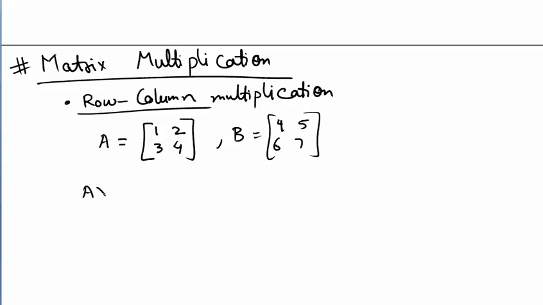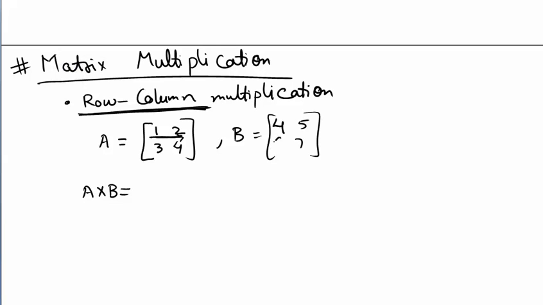So if I want to do A into B, I said we'll use the row column fundamental. That means we will say this is the row and this is the column. This is the row we are talking about, and we'll multiply it by this column. Let us clear this out and make it legible.